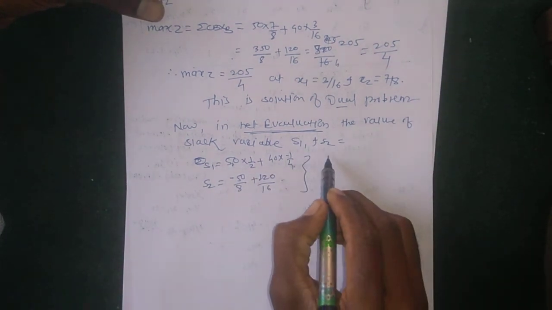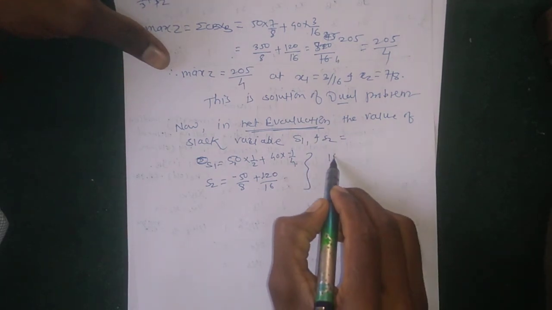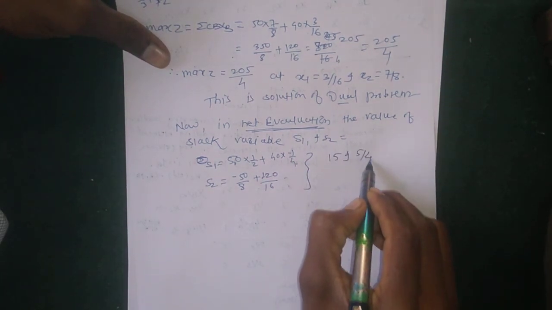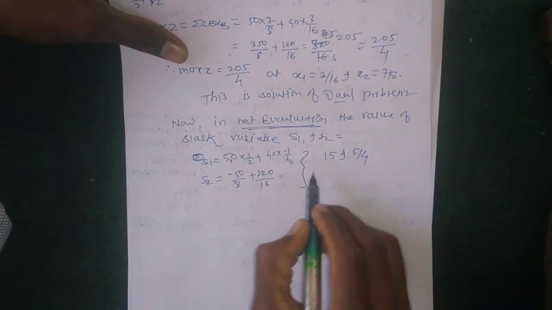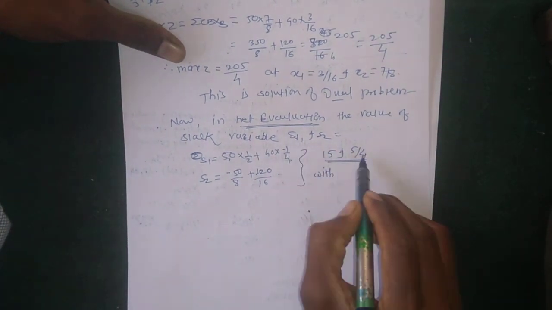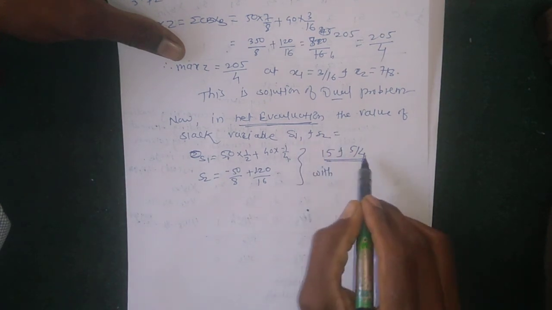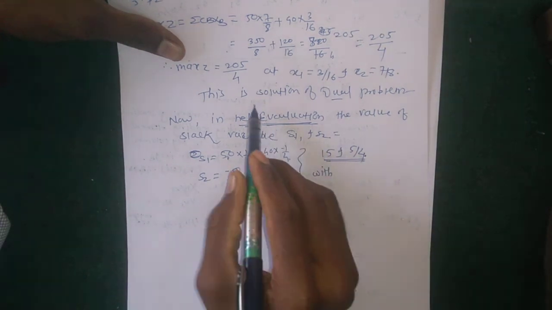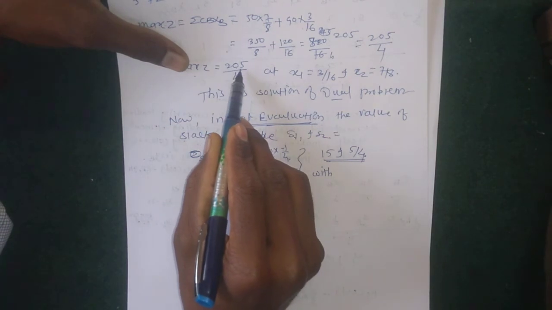So their values are 15 and 5 by 4. The values of S1 and S2 are 15 and 5 by 4, with maximum Z being 205.